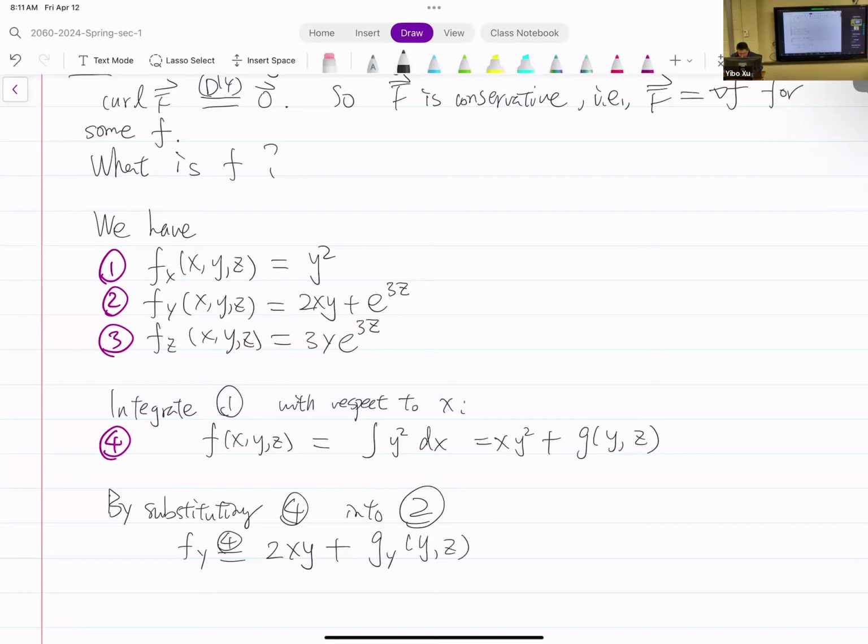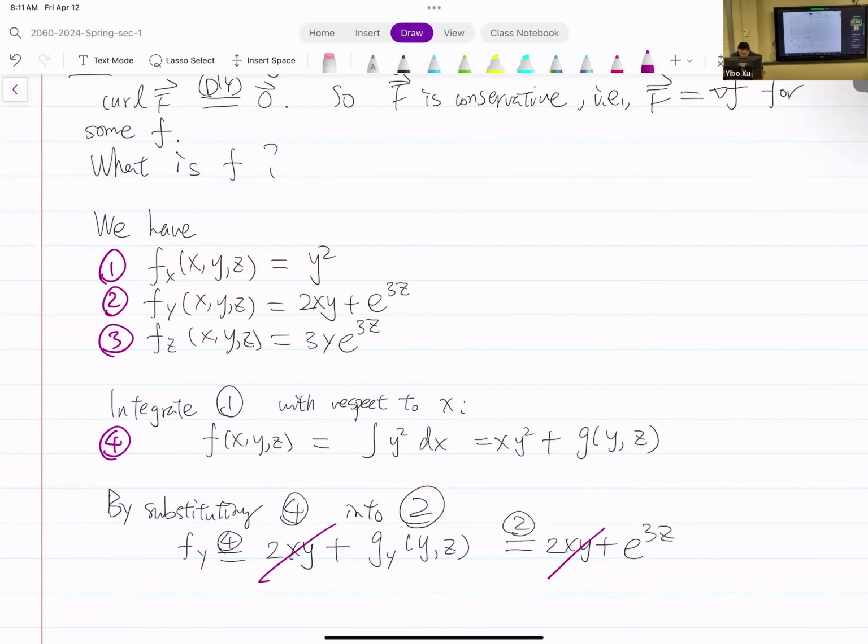So this is equation 4, doing the partial on both sides. Now equation 2 tells you that this result has to equal 2xy plus e to the 3z. Putting them together, I have 2xy on both sides, so they can be cancelled.